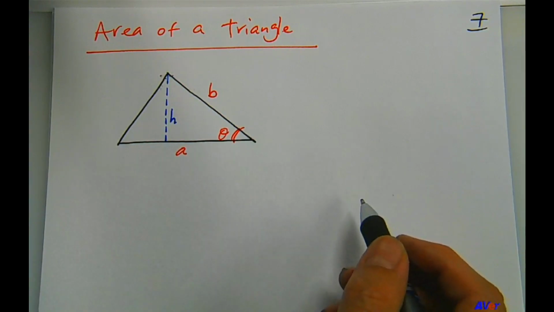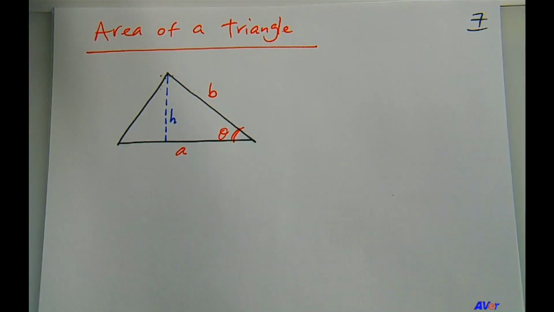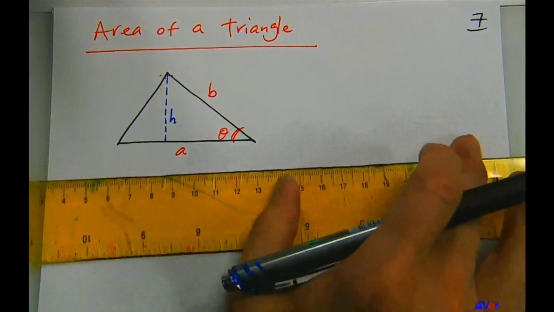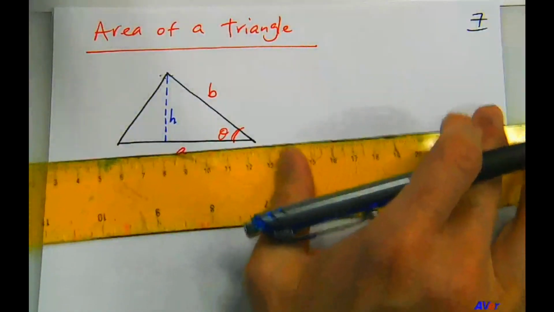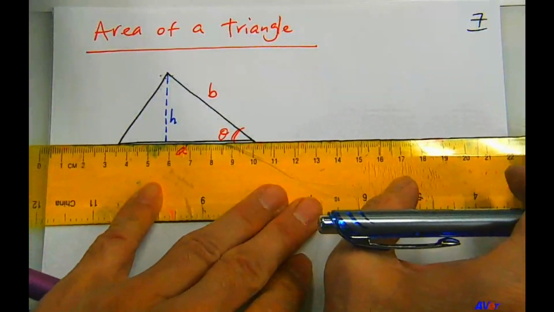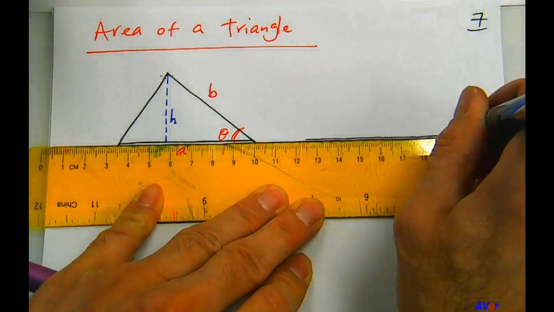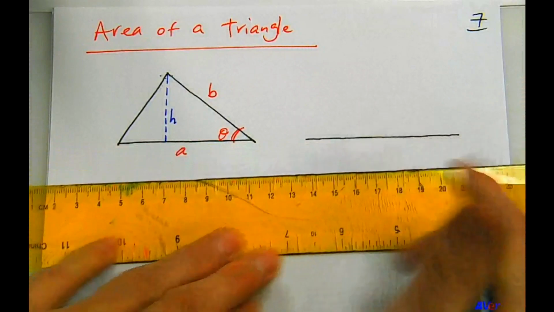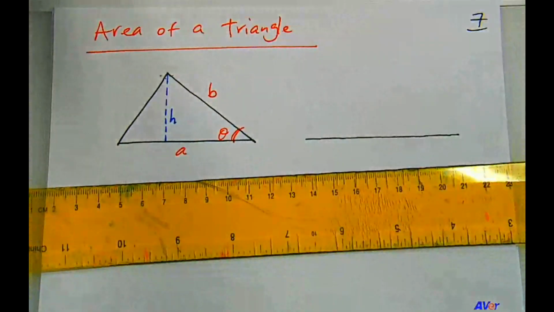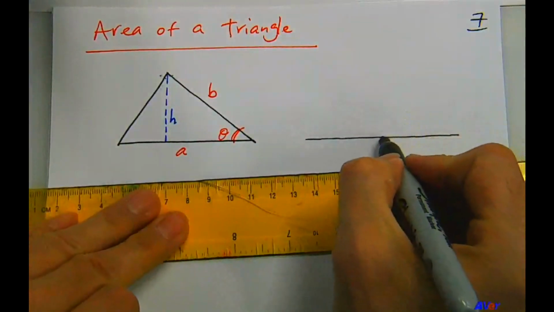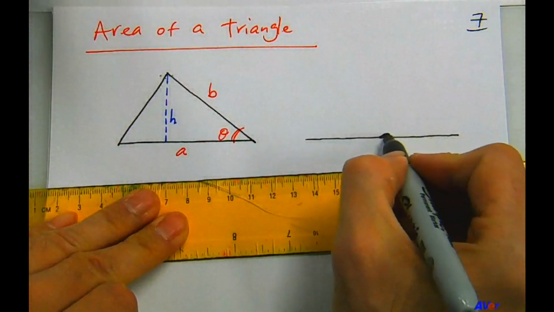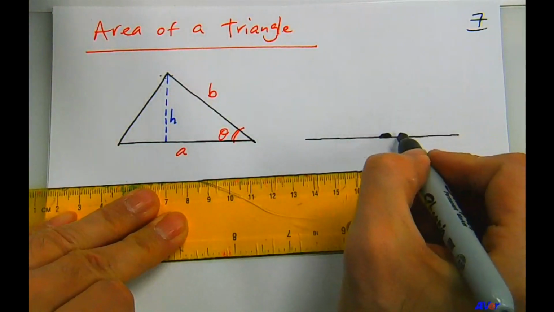Okay, so that, and I want to draw another triangle on this side. Oops, I went too far. So I want to make this line here dashed. It should have been dashed.